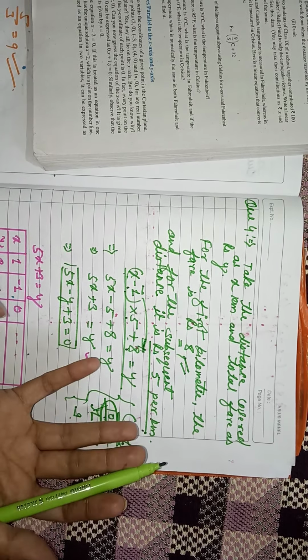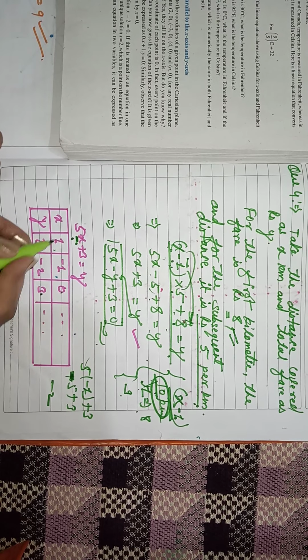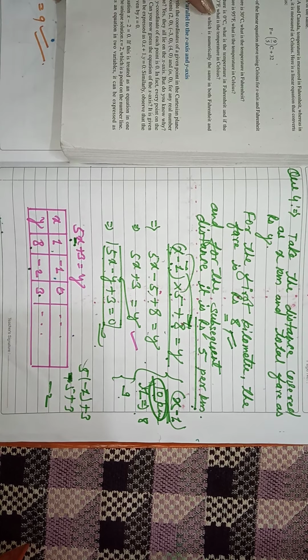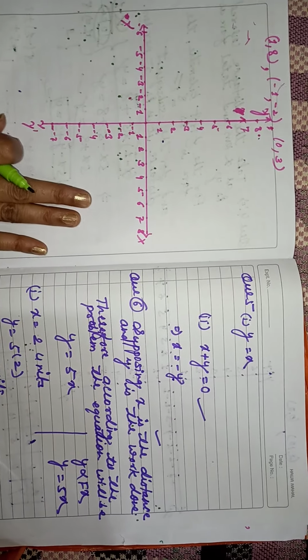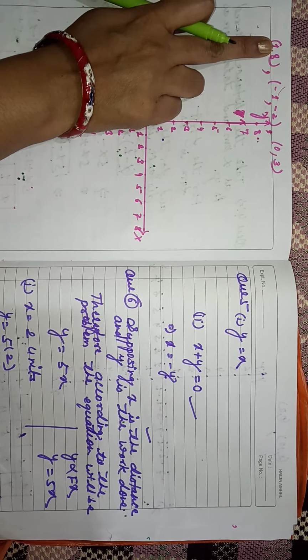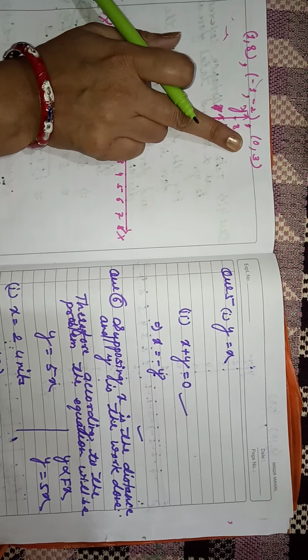For x equal to minus 1, I get the value of y as minus 2. And for x equal to 0, y is 3. So these are the solutions, and on the basis of these solutions of the given equation I am going to draw the graph: 1, 8; minus 1, minus 2; 0, 3.